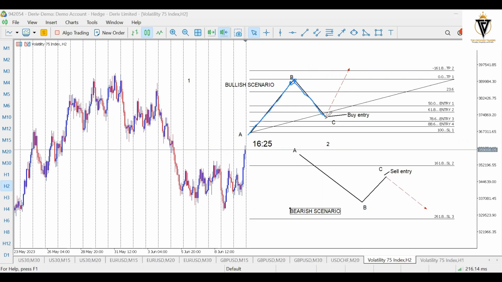So what you're looking for is the unknown, which is point C. And that point C is where you want to follow the market to a buy according to your analysis.